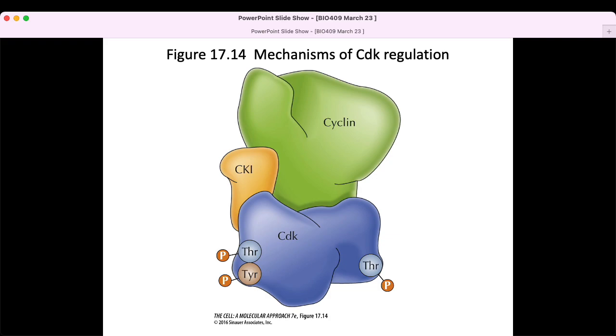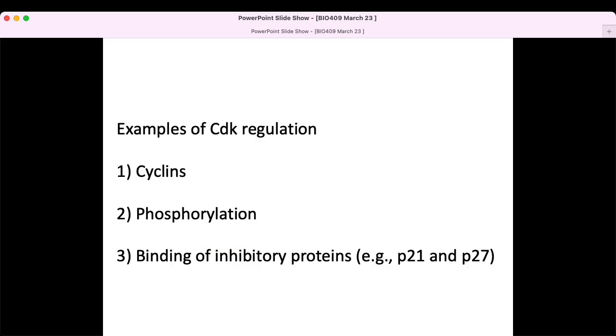We're not talking about that yet, and we won't talk about it very much because it's actually the most complicated part. It can be both activating and inhibiting depending on the phosphorylation. So just say there are these three parts: cyclins, phosphorylation, and these inhibitory proteins each play a role.